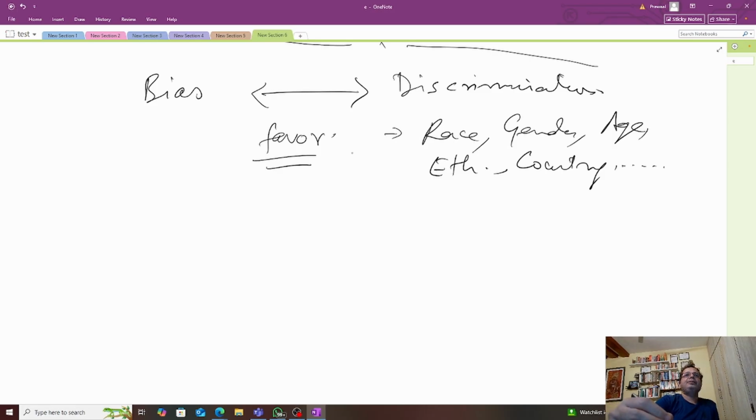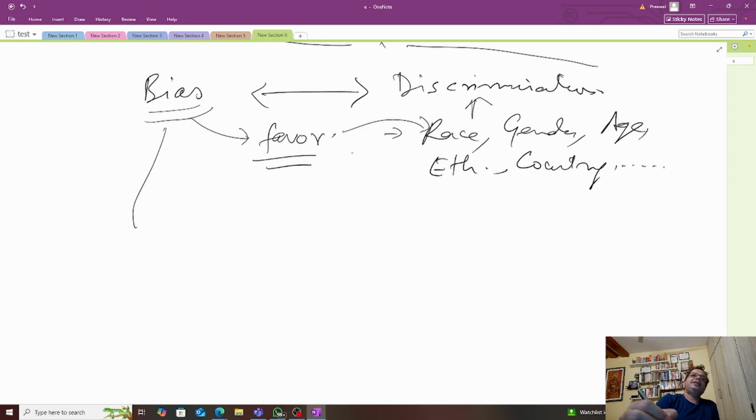So when the bias favors some of these parameters, it becomes discrimination, otherwise not. So in some scenarios, bias can trigger discrimination, and sometimes it does not.